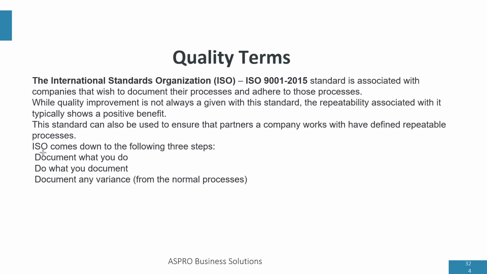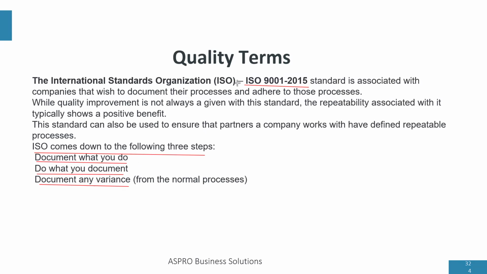ISO comes down to 3 steps: document what you do, do what you document, and document any variance from normal process. That means if an organization is going for ISO 9001:2015 as their quality management system, you have to ensure that you have your standard operating procedures, you follow them, and you track variance.